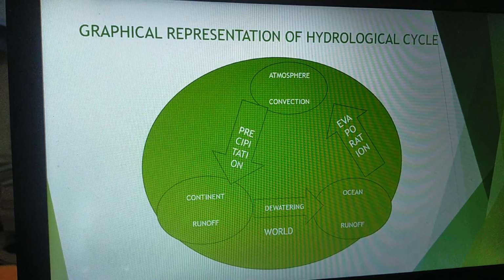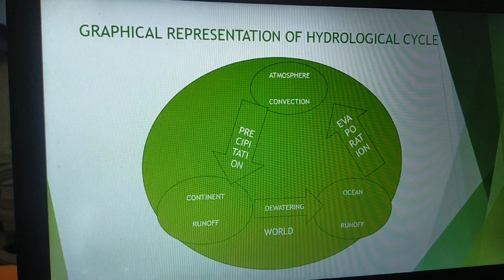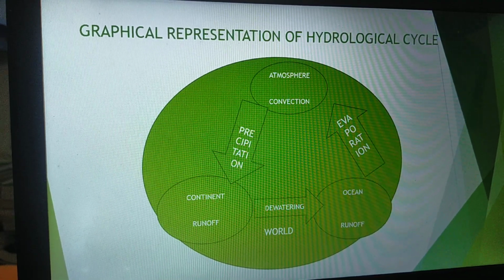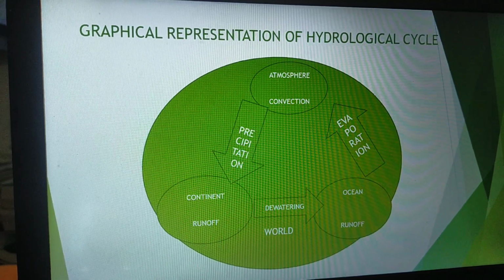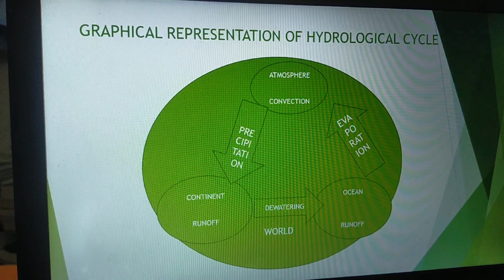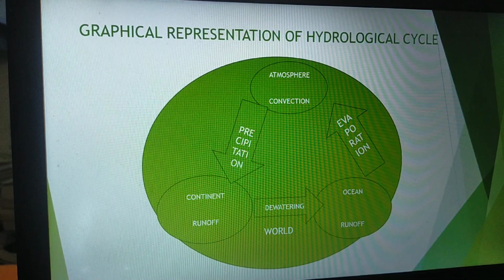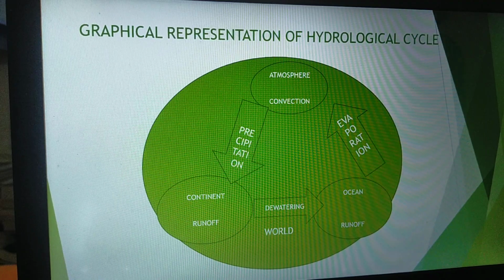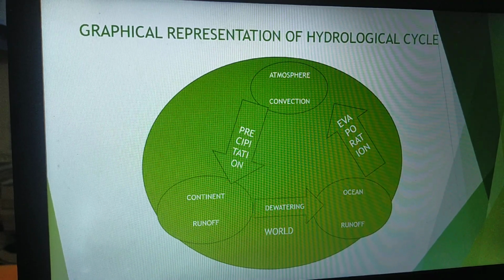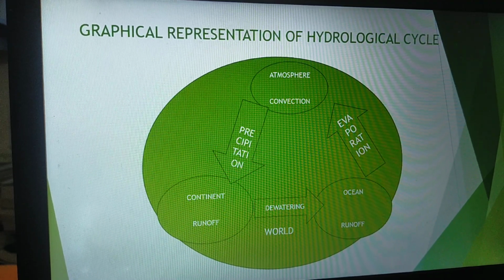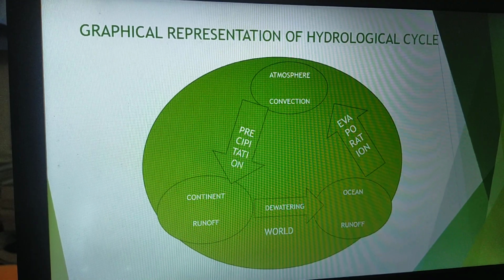See what we are seeing. There is the continent, there is a runoff, and to the ocean there is also runoff. From the ocean, the sun's rays evaporate the water into water vapor, and it goes to the atmosphere through convection.